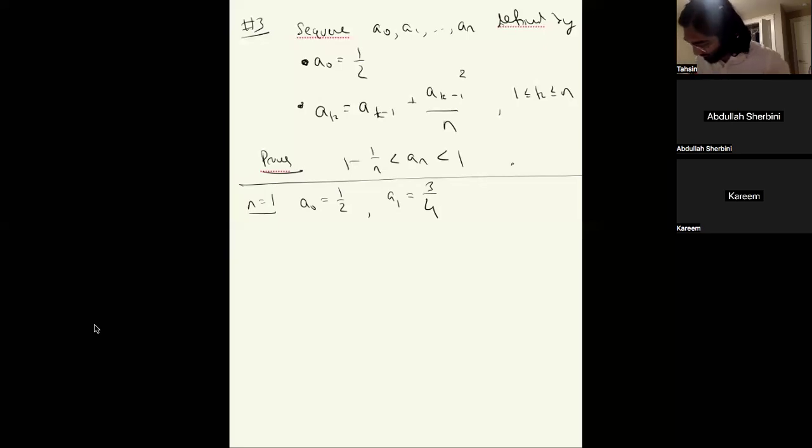For n equals 2, we have a0 is a half, and a1 is now 1/2 plus 1/2 squared over 2, which is 5/8. And then a2 is 5/8 plus 5/8 squared over 2.